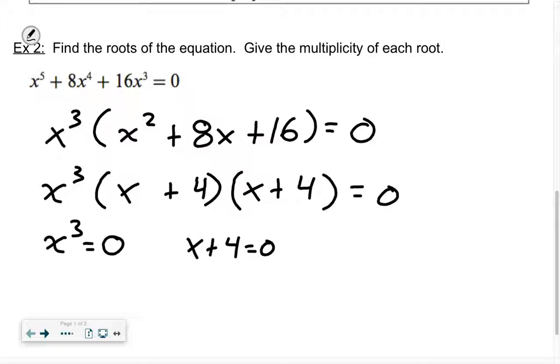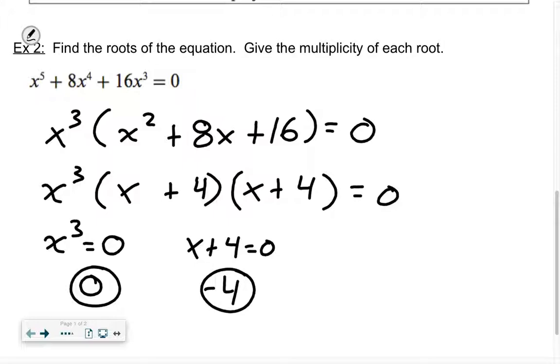And then I have x plus 4 again, which I'm not going to write because I know that's also going to be negative 4. So for my roots, I have negative 4. I also have 0. But again, we came up with fewer roots than there is the degree.